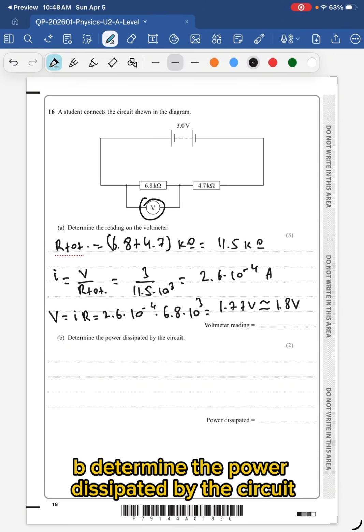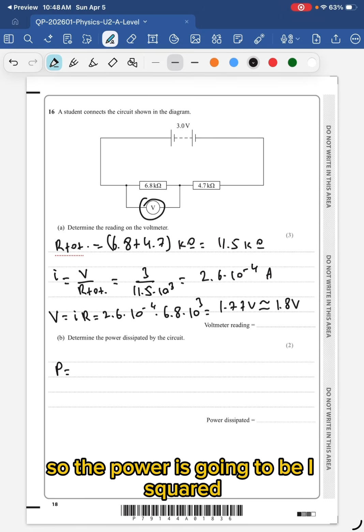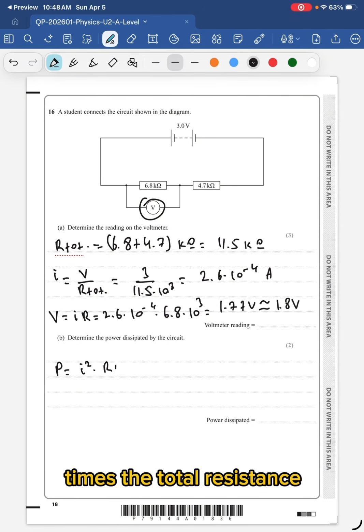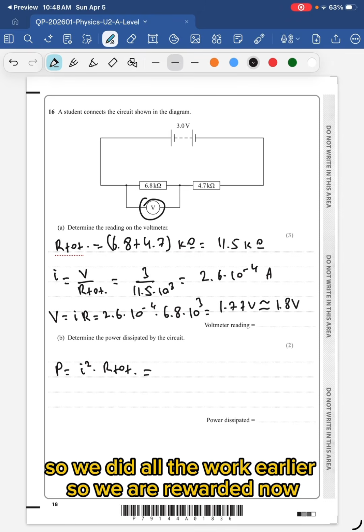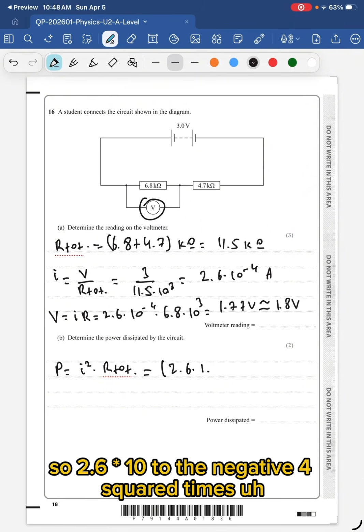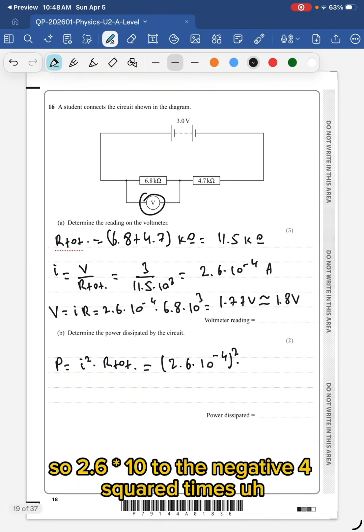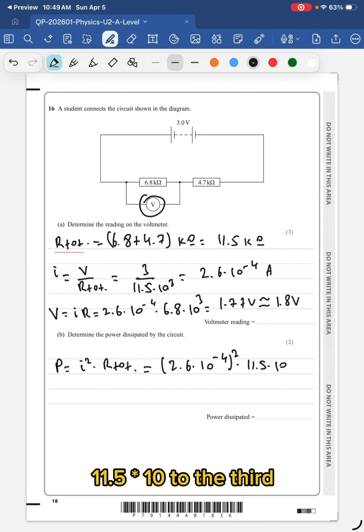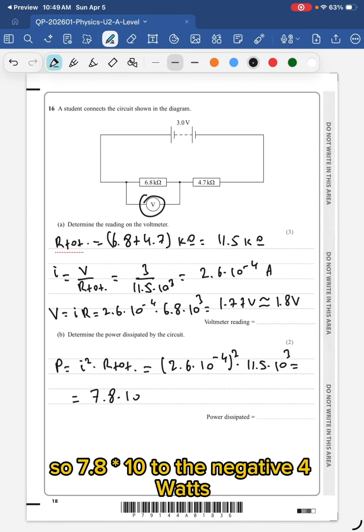B, determine the power dissipated by the circuit. So the power is going to be I squared times the total resistance. So we did all the work earlier, so we are rewarded now. So 2.6 times 10 to the negative 4 squared times 11.5 times 10 to the third. So this is 7.77, so 7.8 times 10 to the negative 4 watts.